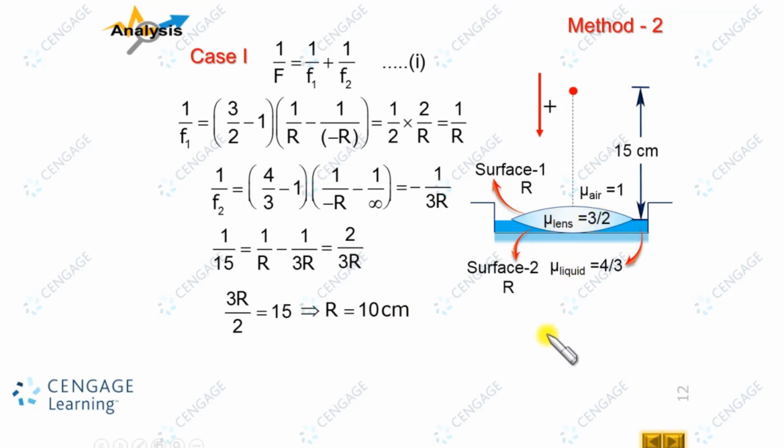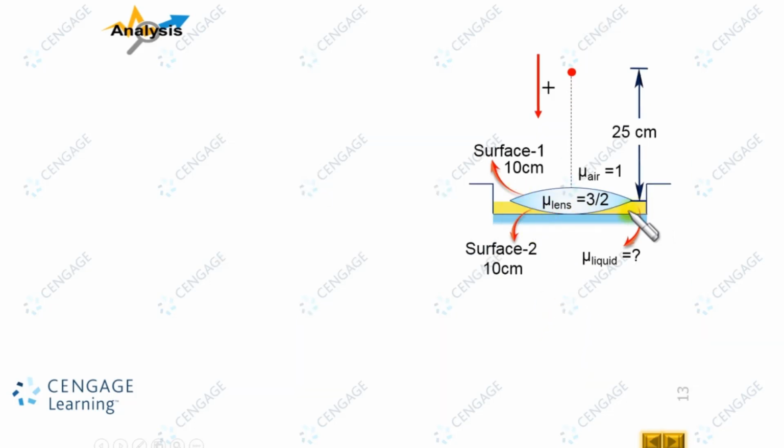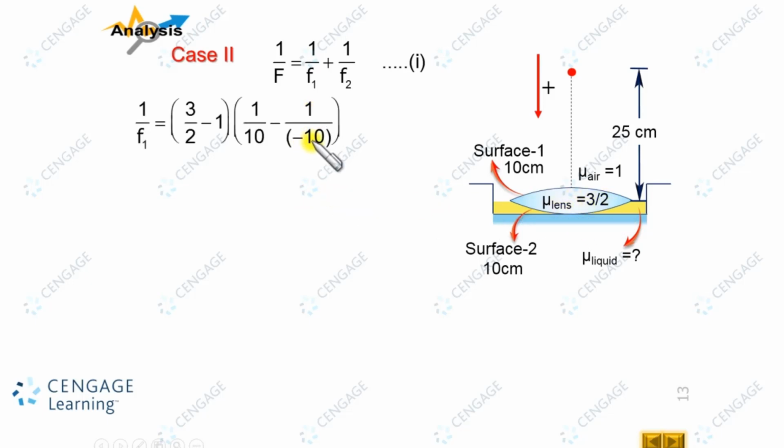Now let us repeat the same experiment with another liquid. This is the liquid of unknown refractive index. The steps are same as we have done in the previous case, but only one thing is unknown, that is the refractive index of the liquid. That means here also we can find the combined focal length, that is 1 upon capital F equal to 1 upon F1 plus 1 upon F2. Now we have the radius of curvature value. So here we can get 1 upon F1 equal to 3 by 2 minus 1, 1 by 10 minus 1 divided by minus 10.